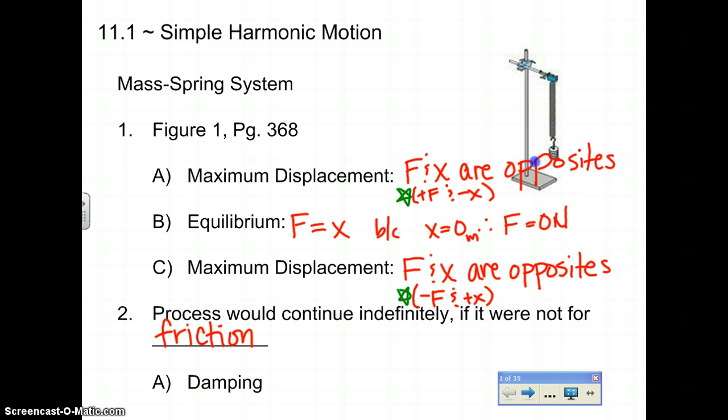Friction is then going to convert some of that mechanical energy, kinetic to potential, potential to kinetic, into non-mechanical energy in the form of heat, light, and sound, just like on the Newton's cradle there. What we refer to that as is damping. Okay, you do not call it friction. Now that we're talking about simple harmonic motion, you refer to it as damping.